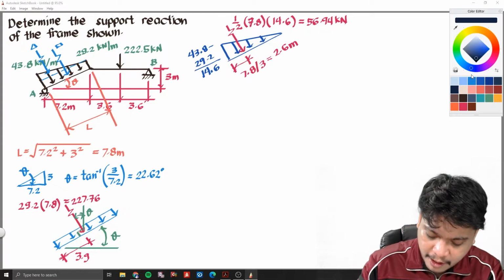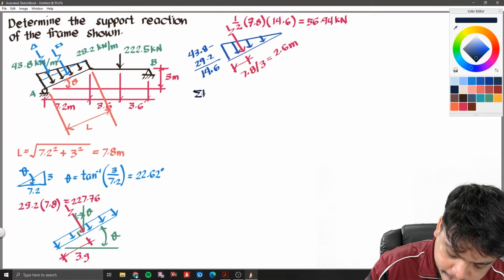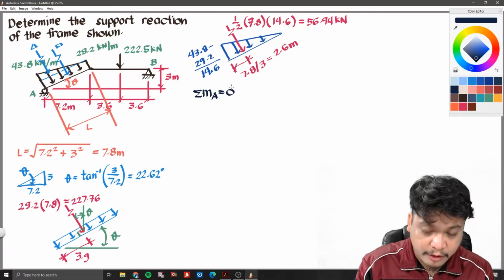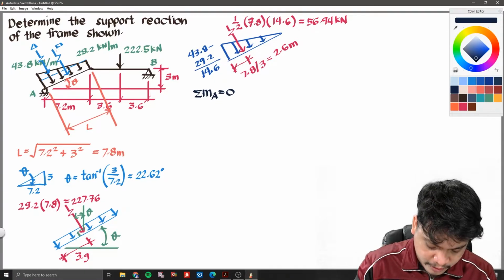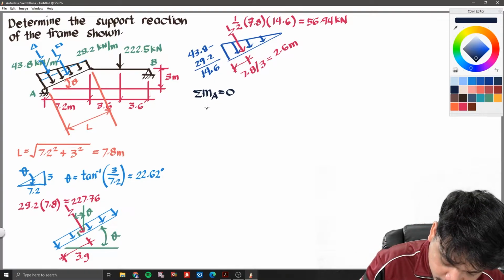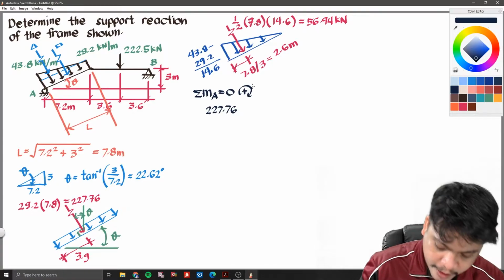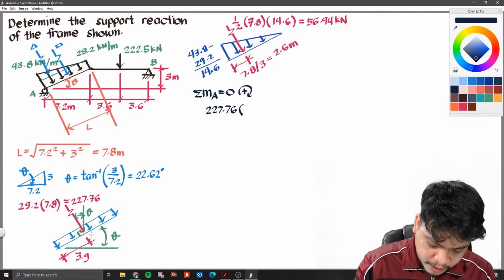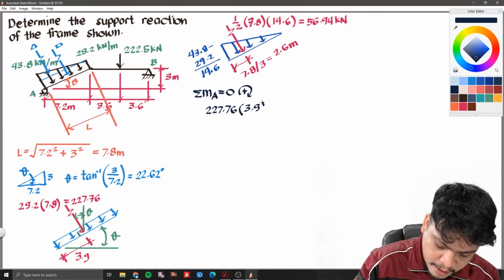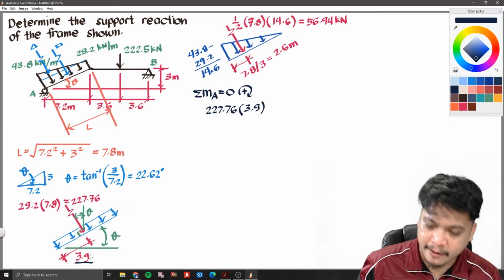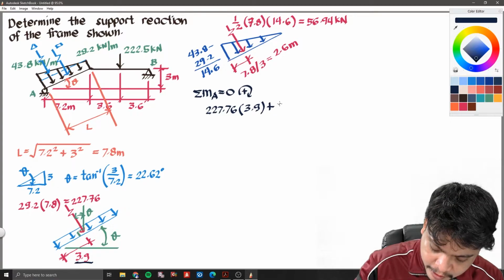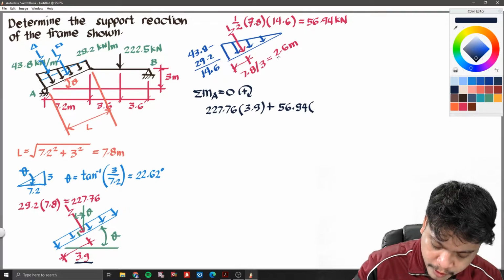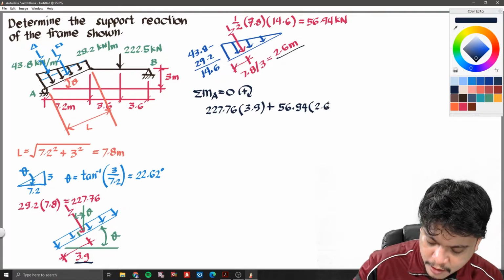Okay? So, I will try to have summation moment at A. Okay? Again, that would become equal to 0. So, meron akong una, yung pinaka sa rectangle ko. So, that's around 227.76. Again, clockwise would be positive. And then, its moment arm is that 3.9 meters. Okay? And next, due to triangle, so that's 56.94. And then its moment arm is that 2.6 meters.